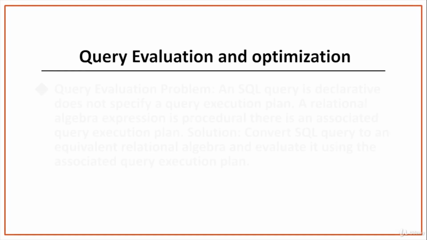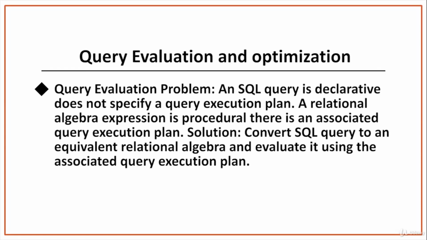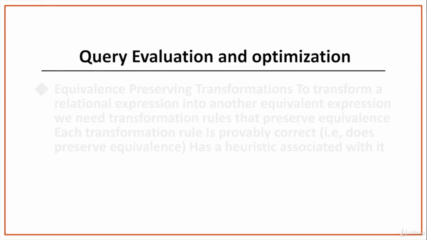Query evaluation problem: an SQL query is declarative and does not specify a query execution plan. A relational algebra expression is procedural; there is an associated query execution plan. Solution: convert the SQL query to an equivalent relational algebra expression and evaluate it using the associated query execution plan.